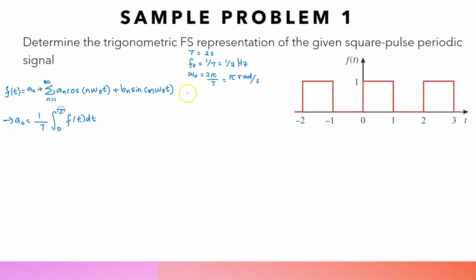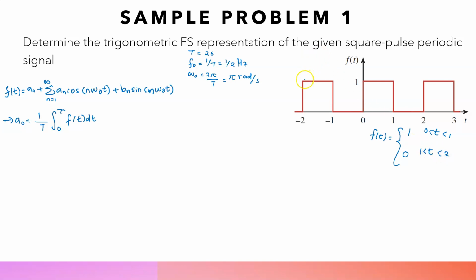If we look at the signal here, the definition of f of t is that the signal equals 1 when t is between 0 and 1, and f of t is 0 when t is between 1 and 2.